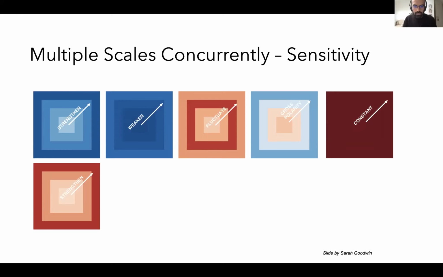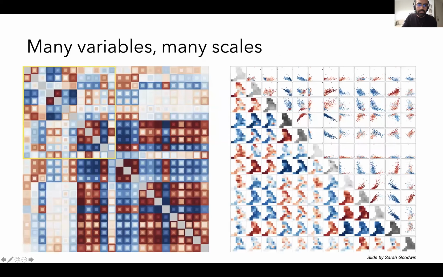We came up with a design like this, where each level in this square graphic is a different aggregation level. You start from the local representation to the global representation, and then you explore whether it's getting stronger as you look at it globally, or weaker, or if it doesn't change. If it doesn't change, it means that it doesn't really depend on the locality at which you look at things.